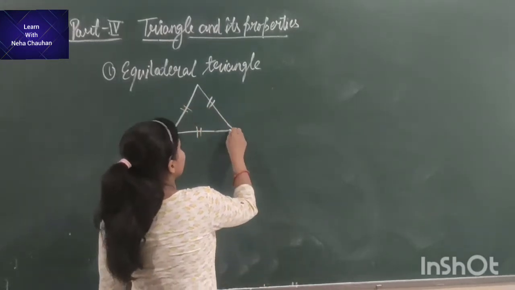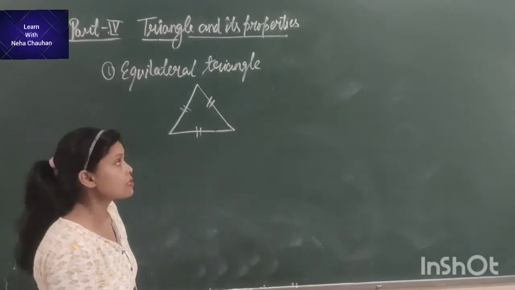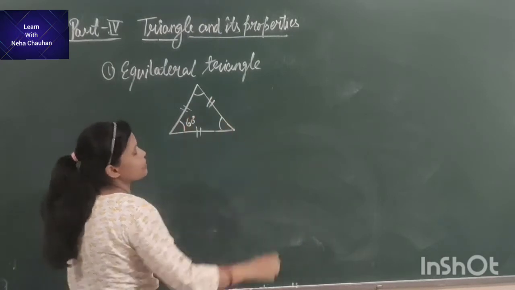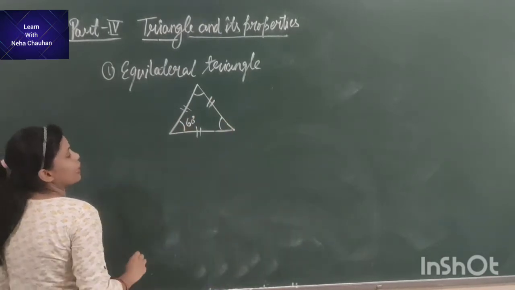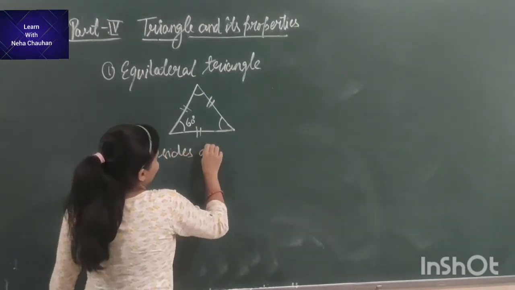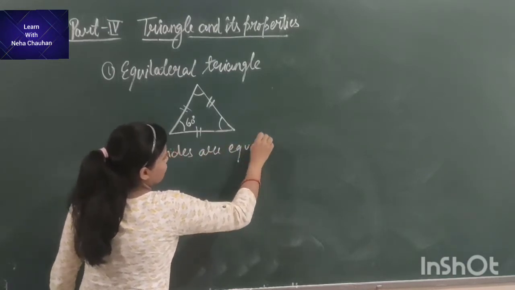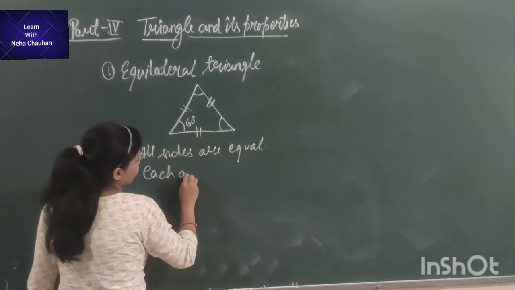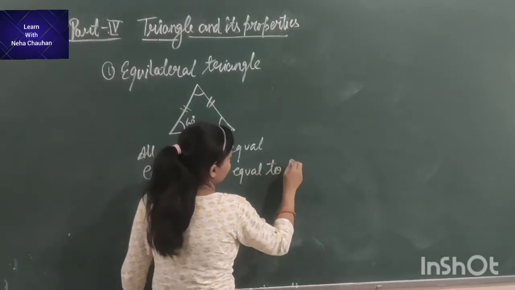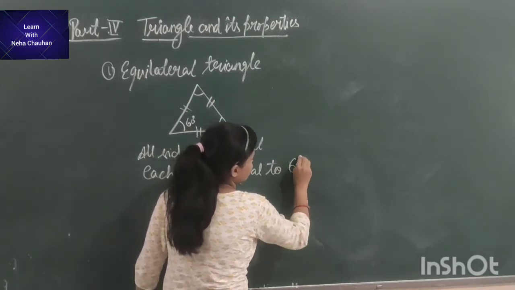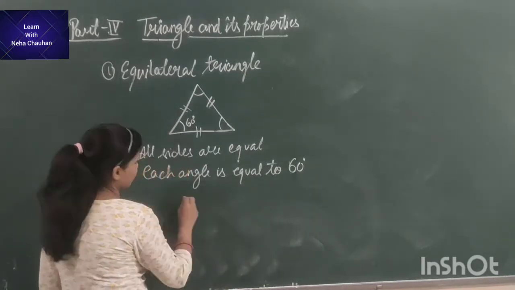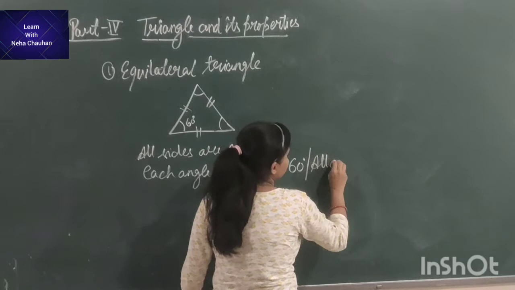One more property an equilateral triangle has is that each angle is equal to 60 degrees. That means an equilateral triangle has two properties: all sides are equal and each angle is equal to 60 degrees, or we can say all angles are equal.